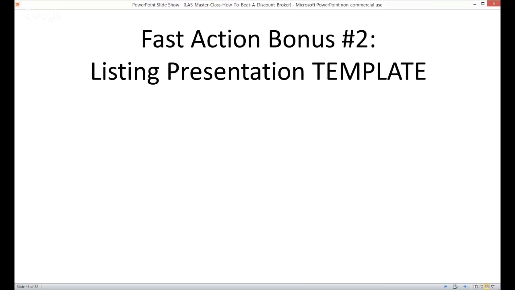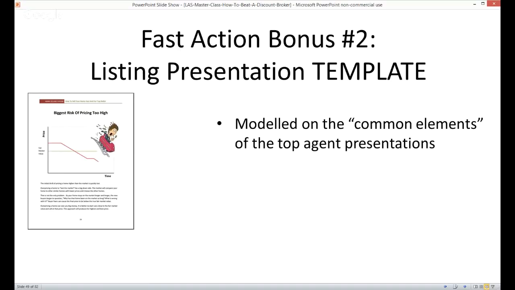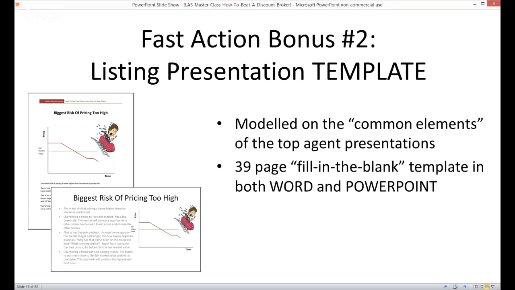Now, fast action bonus number 2 is the listing presentation template. I am so proud of this. I'm so excited about this. What I basically did was I went in and I modeled the top agents, all 14 of those presentations. I looked for common elements of those presentations and I pulled them out and I put them into one place, into this 39-page fill-in-the-blank template that's done in both Word and PowerPoint. So it's Word if you like to print it out and have it in a spiral and flip the pages along for people.